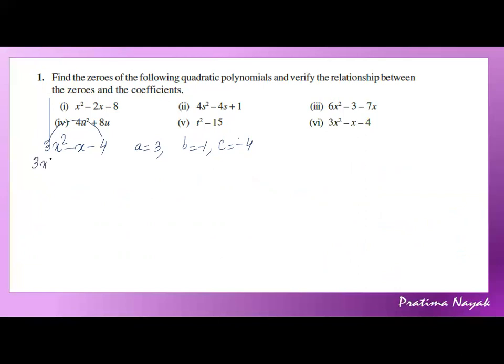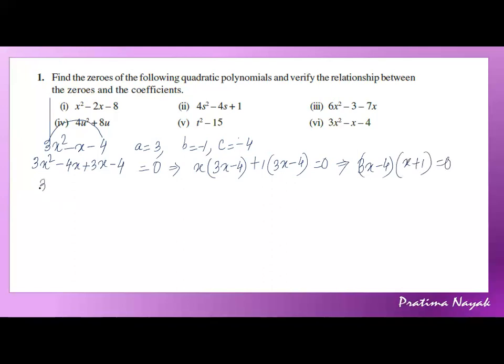So we'll write 3x square minus 4x plus 3x minus 4, and this is equal to 0. Taking x common, x into 3x minus 4, plus 1 common, 3x minus 4 is equal to 0. This gives you two factors. One is 3x minus 4, one is x plus 1.